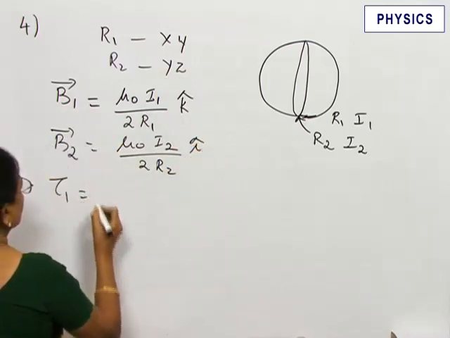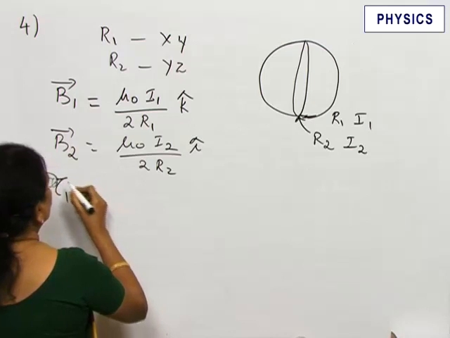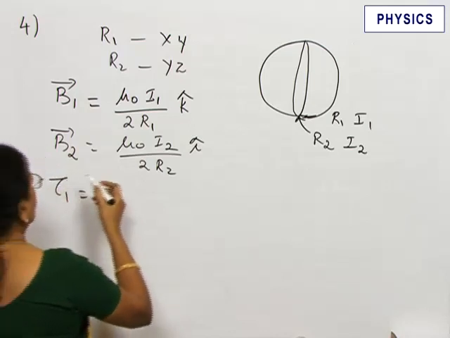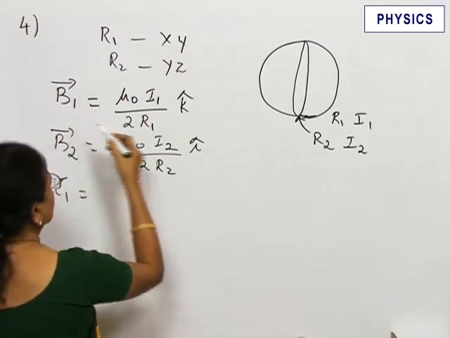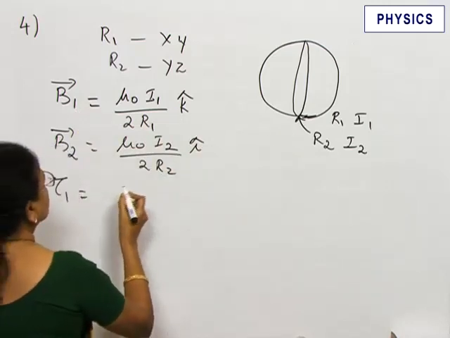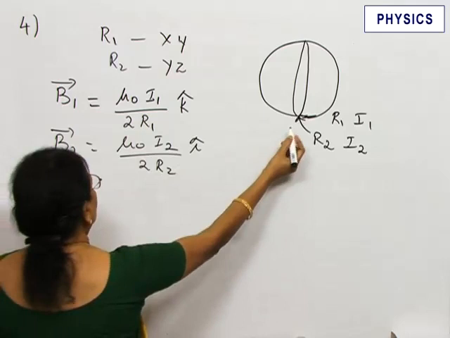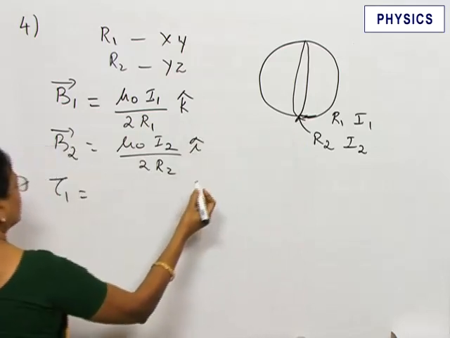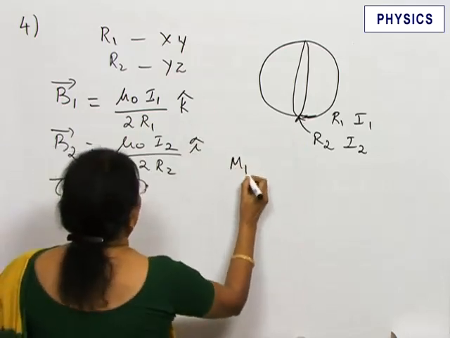Tau 1 equals the torque due to the first ring on the second ring. So, it involves the magnetic moments of the two rings. Let us calculate M1 and M2.